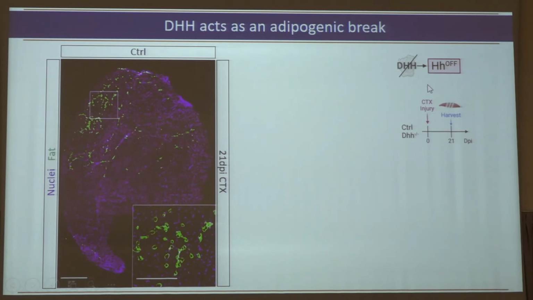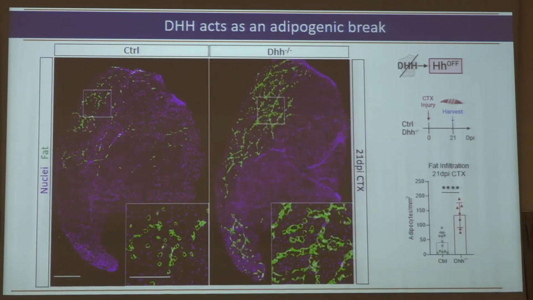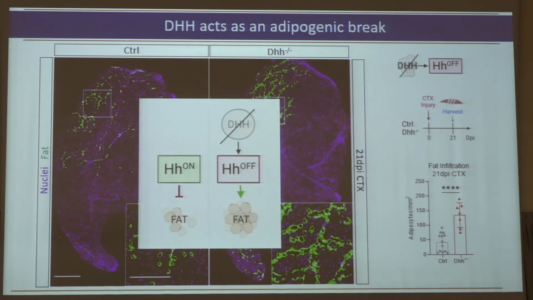And 21 days after cardiotoxin injury, we see a significant increase in intramuscular fat. So while turning the pathway on represses fat, if we remove the ligand that endogenously turns the pathway on, this renders it off, allowing fat to form, suggesting that Desert acts as an adipogenic brake.